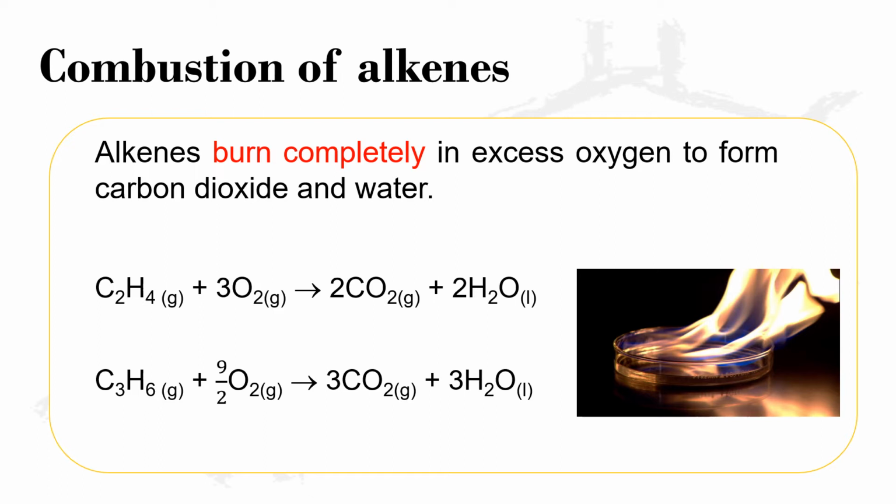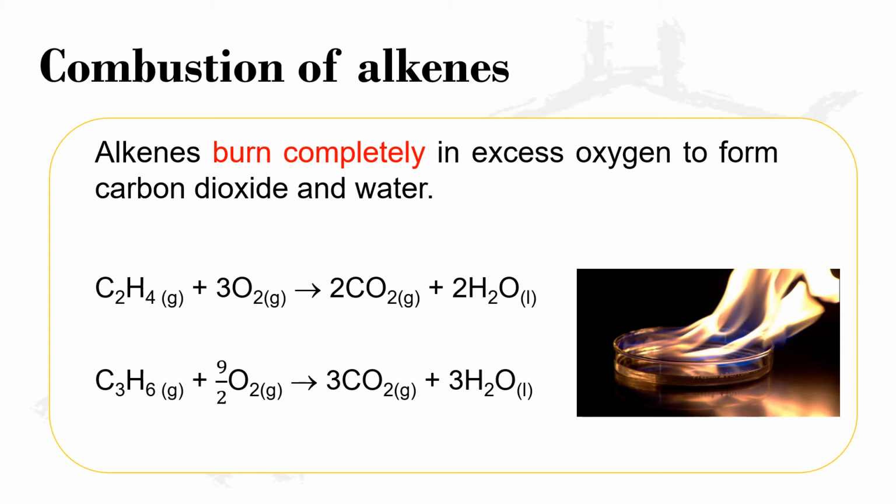If the question asks you to write a balanced chemical equation for the combustion of ethene, you need to know that you have to balance the coefficients. Take note that you need to prioritize the limiting reagent.